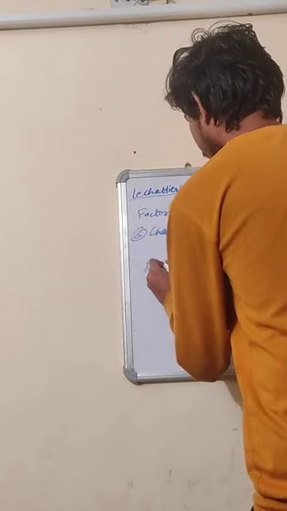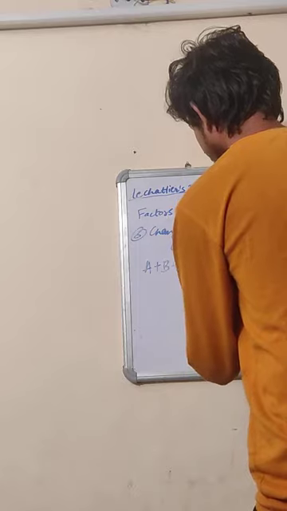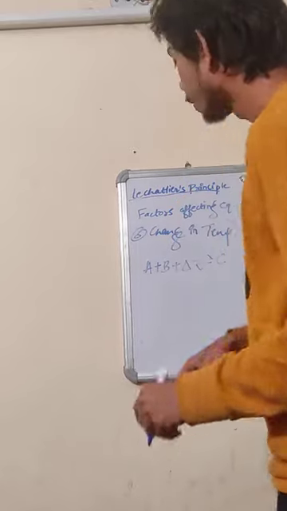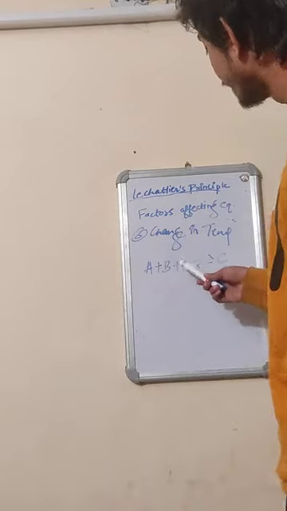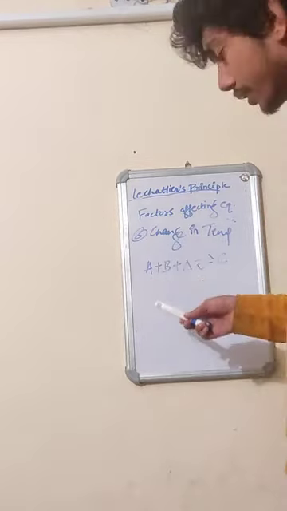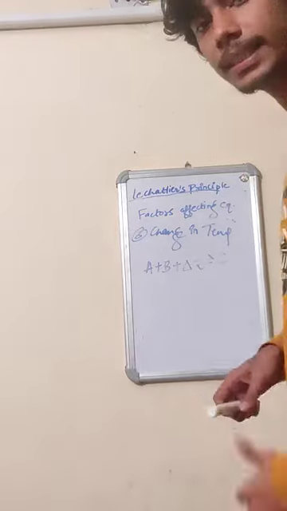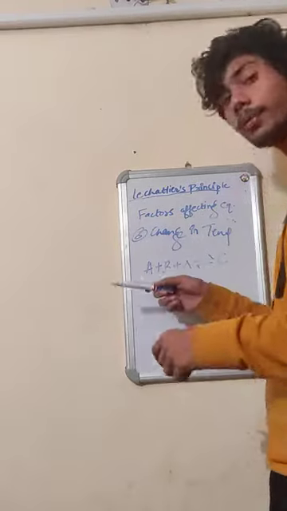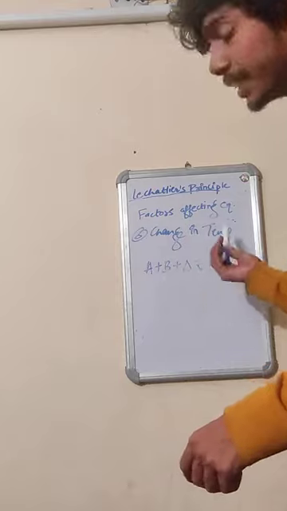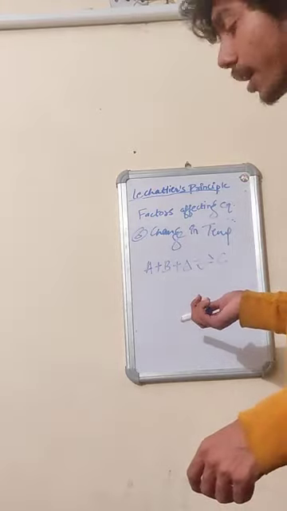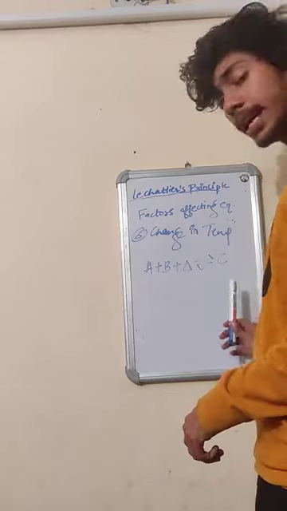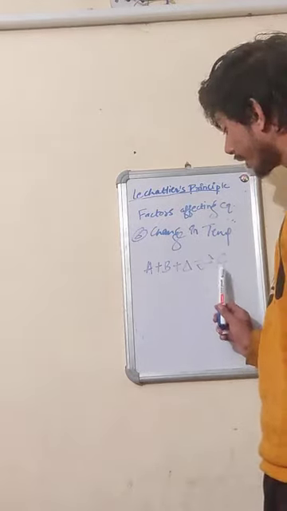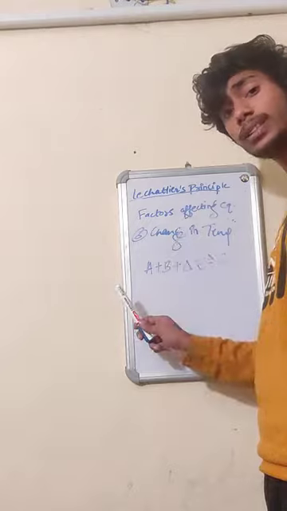Let's take an example. Here the reactants are A and B, and there is heat involved in this process, and the product is C. As you can see, from the reactant side the reaction seems endothermic, and from the product side the reaction seems exothermic.